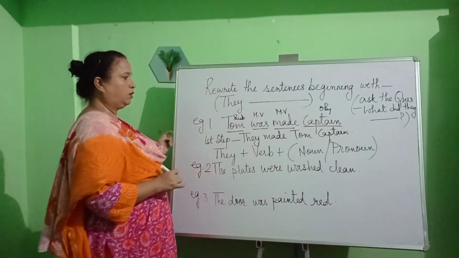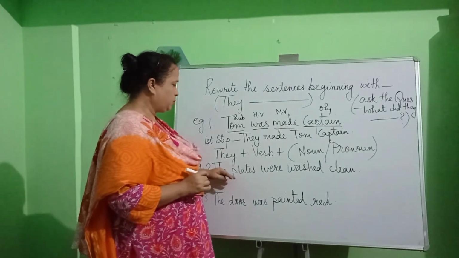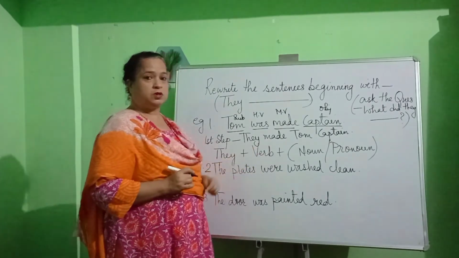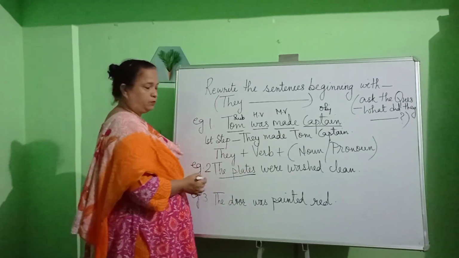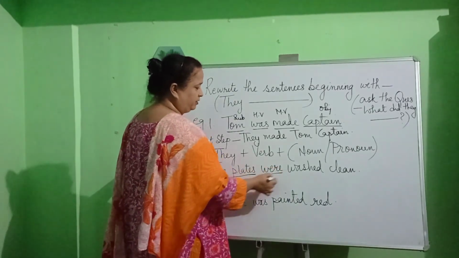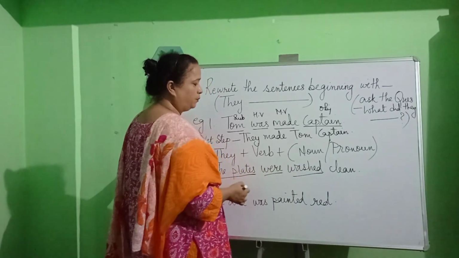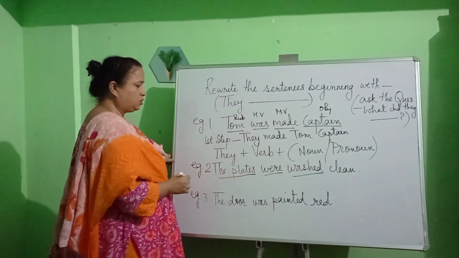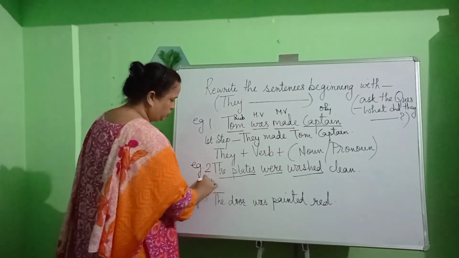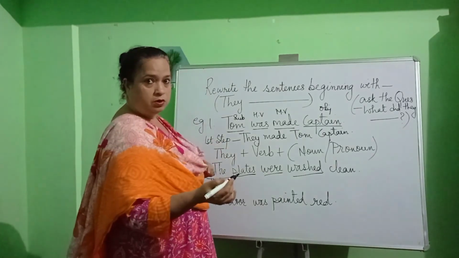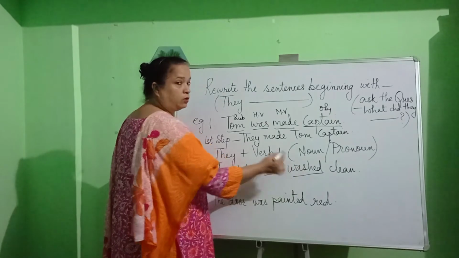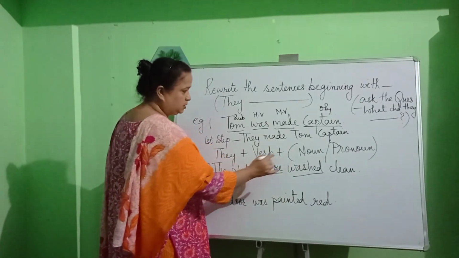Okay, now let's have a look at the next one. The plates were washed clean. So what are we talking about? We are talking about the plates. Were is the helping verb and washed is the main verb. Now children, we will be asking the question as to what did they do or what did they wash. They washed what? The plates clean.